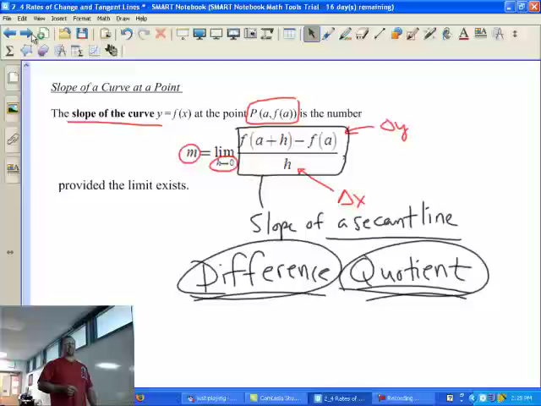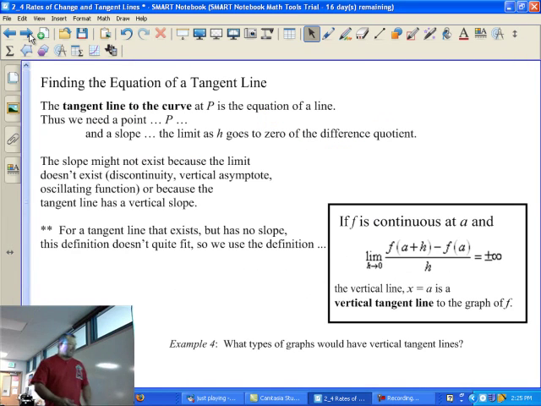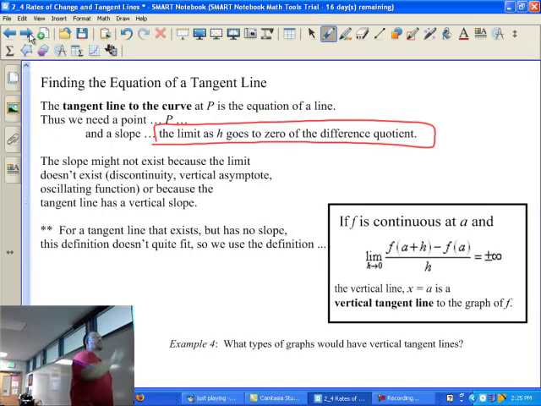There's a lot of ways to cancel h that aren't correct. You've got to learn to do it the right way, and the only way you can cancel h is if you can get an h all by itself in the numerator that has been factored away from everything, and it'll cancel. Okay? To get an equation of a tangent line, which is our goal, we now know how to find slope. We can find the slope using the limit as h goes to 0 of the difference quotient.